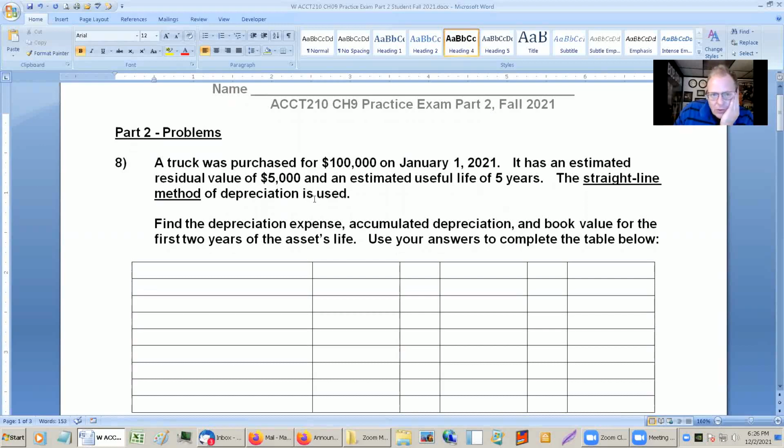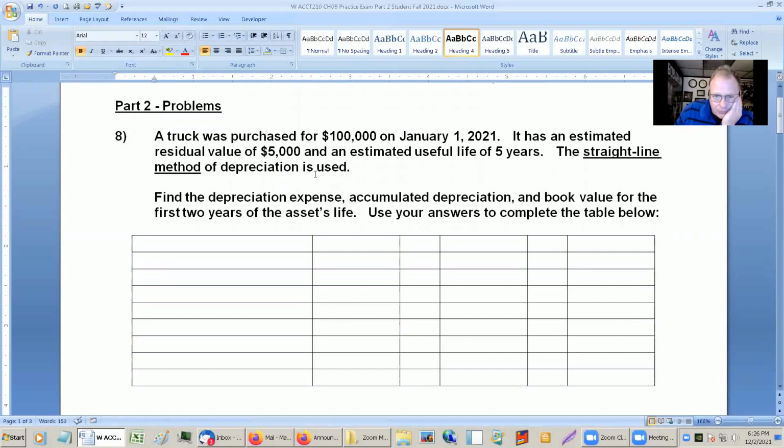Okay, so what do we do with this one? Truck, we'll say this is equipment. So for the straight line method, what do we do?